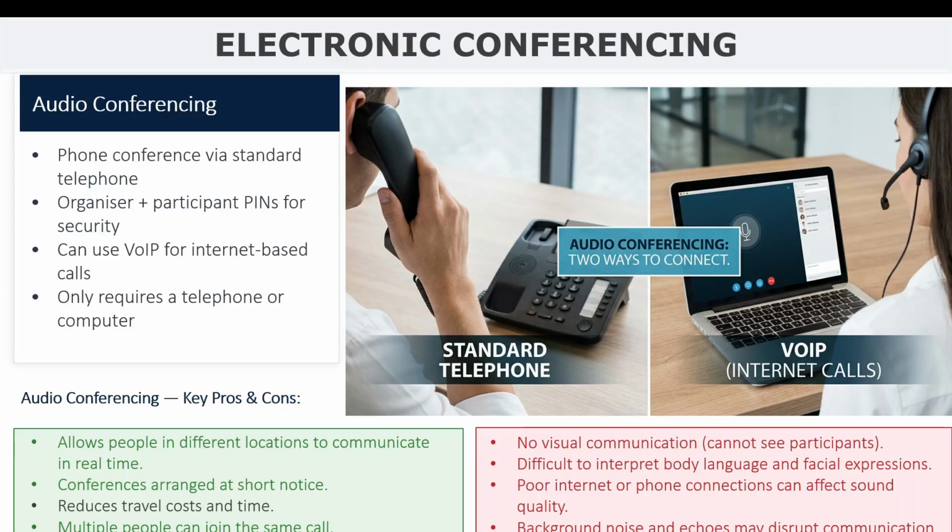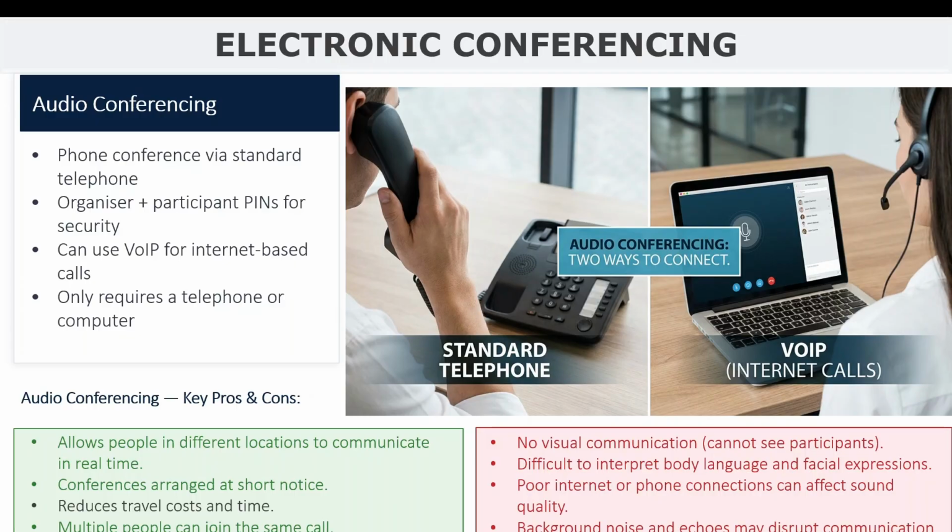Now, the disadvantage to audio call is that because you cannot see the person you are talking to, you cannot really appreciate how they react, or their facial reading. You cannot be read. So no visual communication. You cannot see other participants.